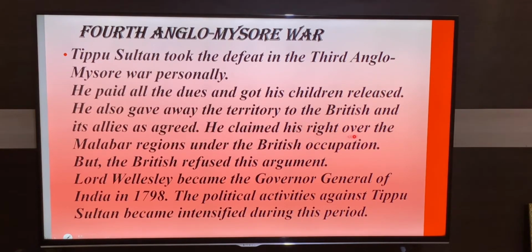He claimed his right over the Malabar regions under the British occupation, but the British refused this argument. Lord Wellesley became the Governor General of India in 1798. The political activities against Tipu Sultan became intensified during this period.